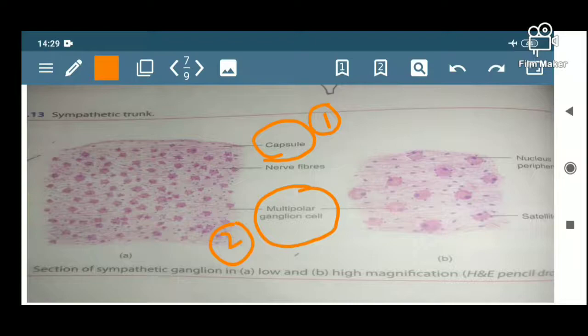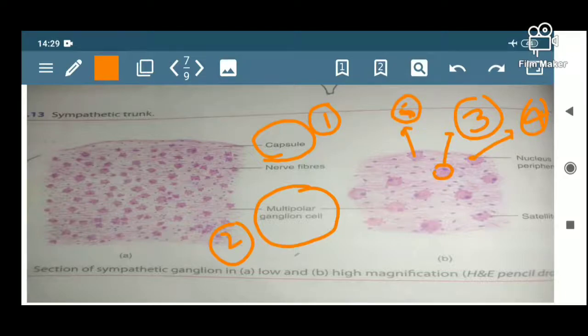And the size of the cell body is smaller. You can see this is a very small cell body, whereas in spinal ganglion we have a large cell body. Here the nucleus is large and eccentric, meaning the position is not at the center but towards the outside wall.